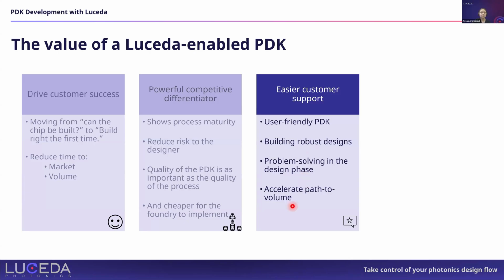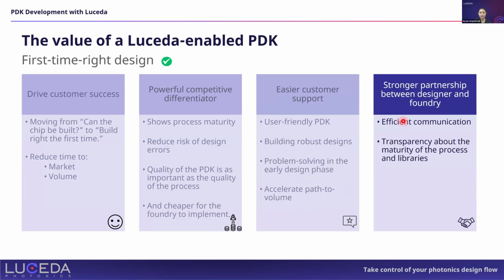They can spot them easily. So all of this can again accelerate the path to volume production. At the end, this can lead to a stronger partnership between the designer and foundry because the communication is efficient through the good implementation of the PDK, and the foundry is transparent about the maturity of the process and their libraries.